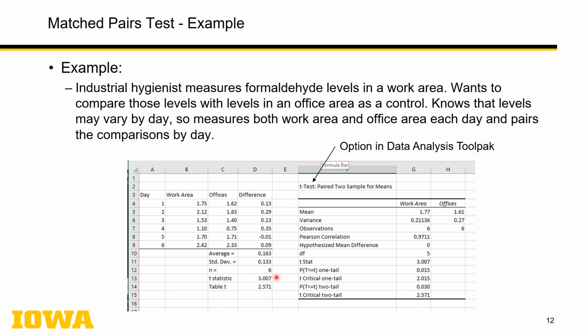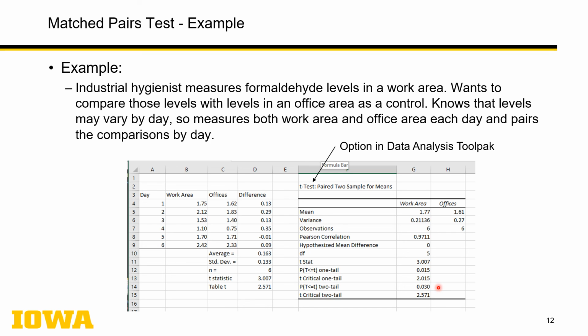And so we go through the process, get our t statistic, and we can go to the t table, or we can go to the Data Analysis ToolPak and ask for the t-test paired two-sample for means. And we can come down here, if I'm interested in the two-tailed test, and come up with a p-value, as you can see, of 0.03. That is less than 0.05.